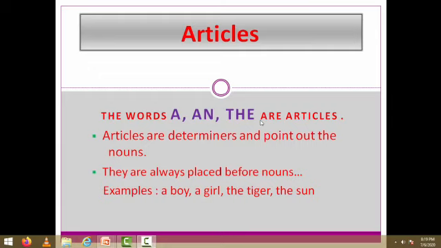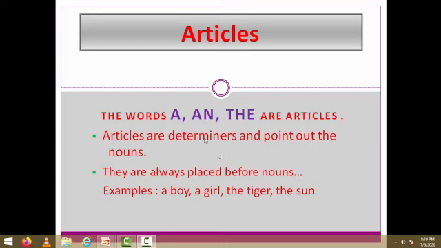Understand this carefully. These three words, a, an, and the, are articles. Articles are determiners and point out the nouns.